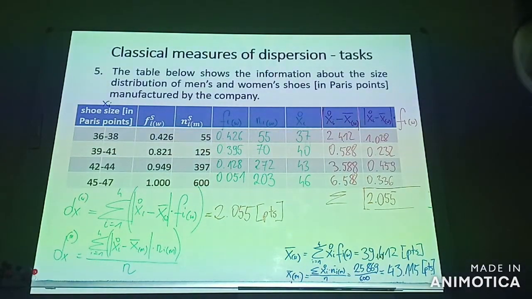Yes, 2 European points in the dimension of the shoe size.